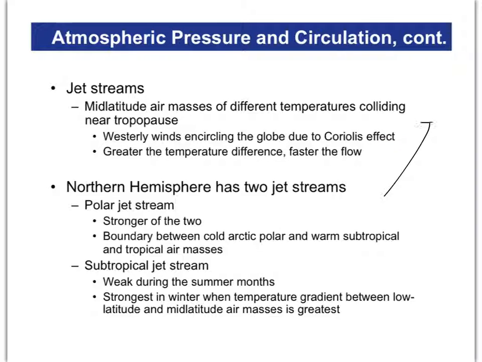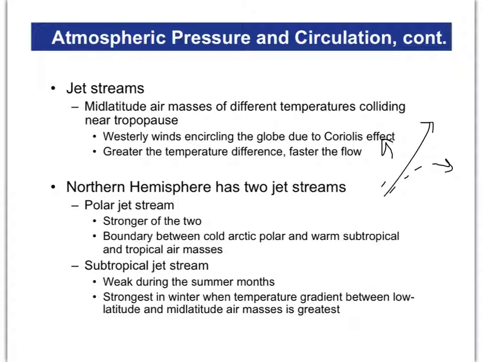So let's say air wants to move that way. The Coriolis effect will make it either spin that way or spin that way, depending on which hemisphere you are in. So we'll talk more about that a little bit later. But jet streams actually serve to direct weather systems, or steer, you might say, weather systems around the world.